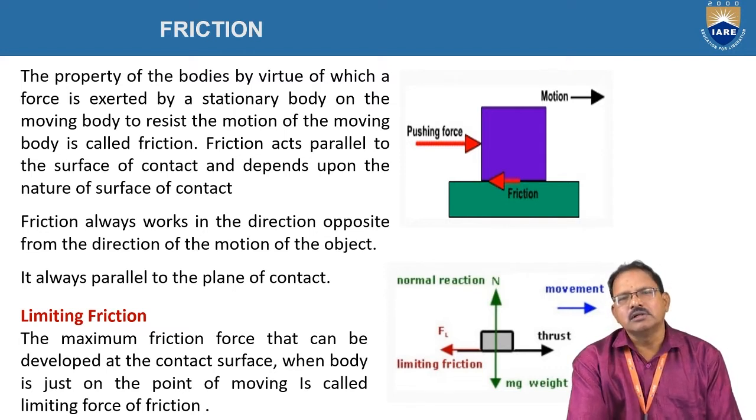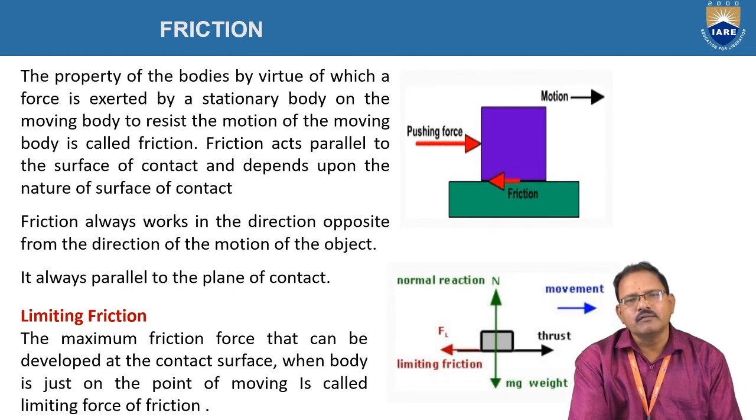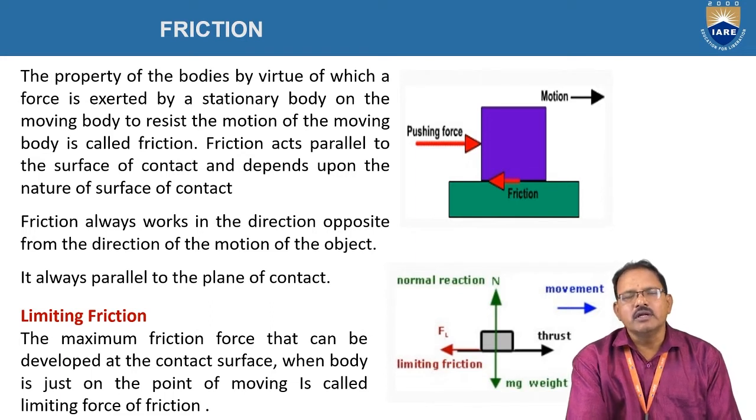After that, the body tends to move in the direction of the applied force. The maximum friction force experienced between the contact surfaces when the body tends to move is called limiting friction. That is, the limiting friction is the maximum frictional force that can be developed at the contact surfaces when the body is just on the point of moving.